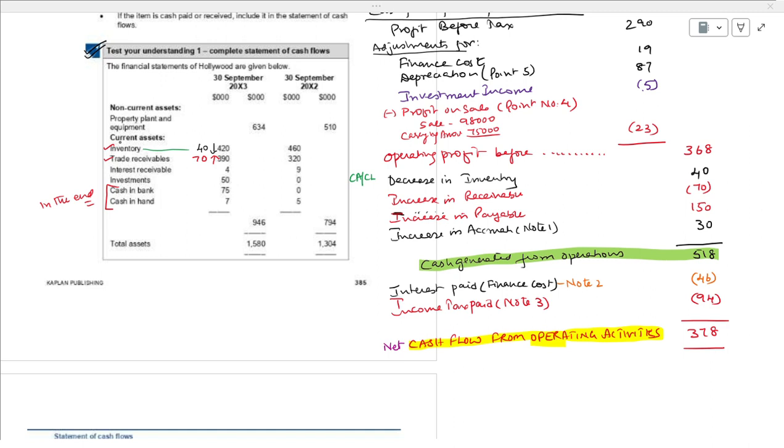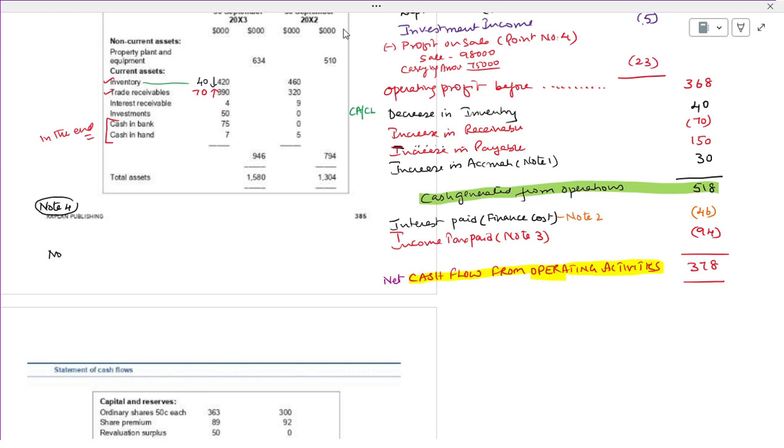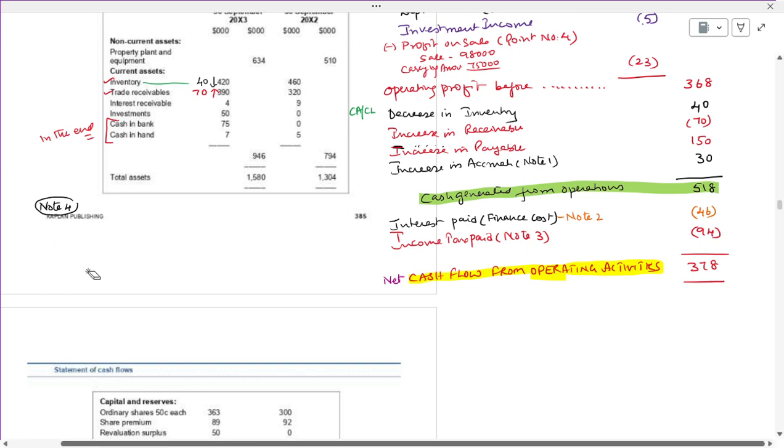Property, plant and equipment, 510. Opening balance is 510. I am writing here, Note 4. See, it is an asset. Okay. It is an asset.